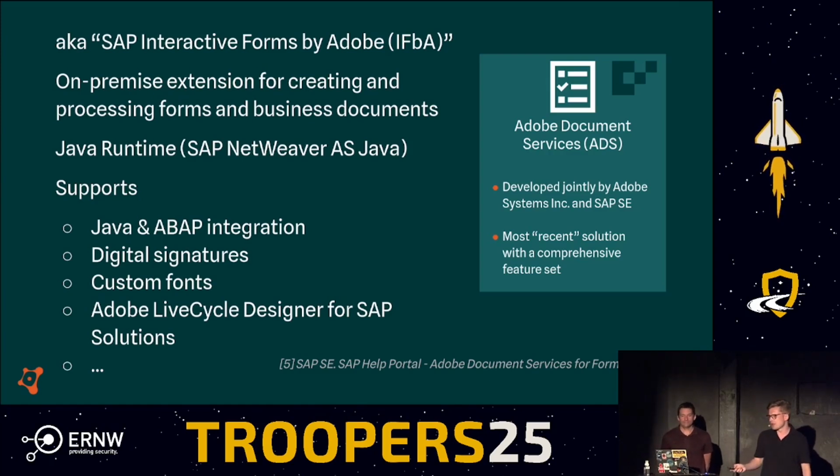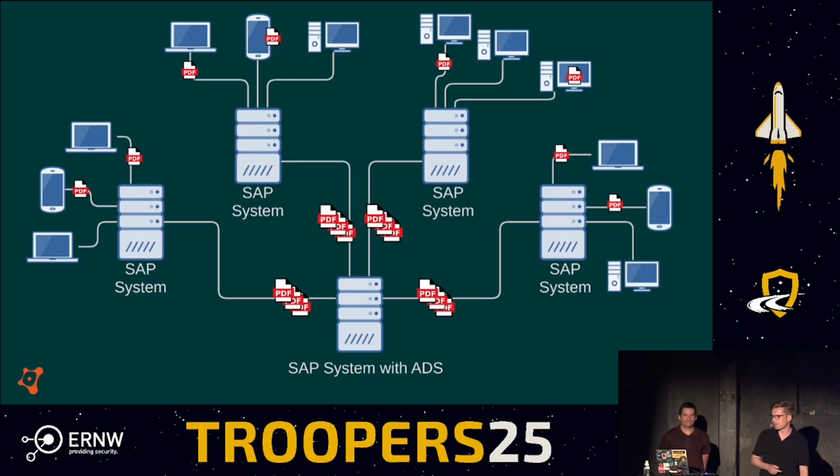This could look like the following. This is what is known as a central hub deployment of ADS. Here you can see that you could use this solution to have all your SAP systems make use of ADS for generating and rendering documents and PDFs. Again, this caught our attention.